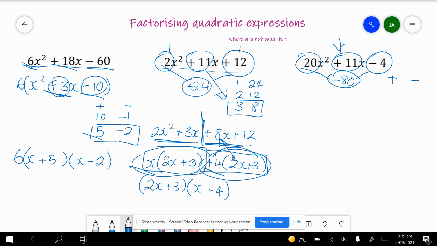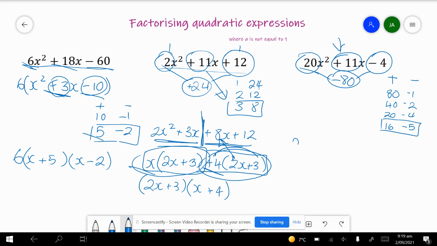Okay, so we've got 80 and 1. We've got 40 and 2. We've got 20 and 4, negative 4. Okay, we've got 16 and negative 5. And that looks to be the one. So we've got 16 and negative 5. That'll add together to get the plus 11.